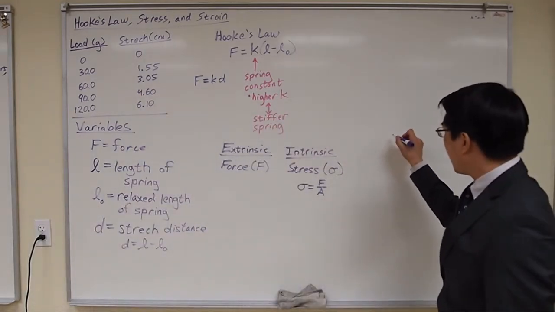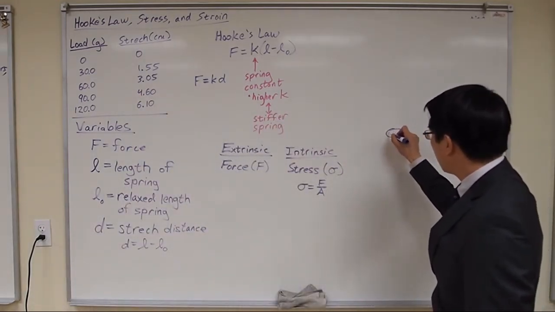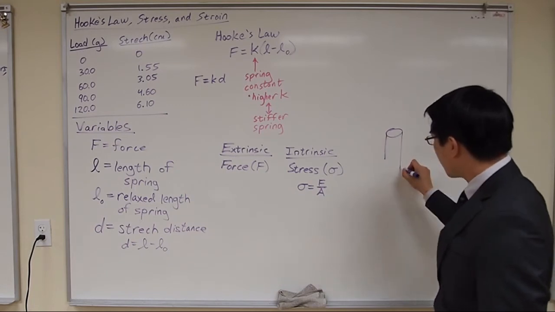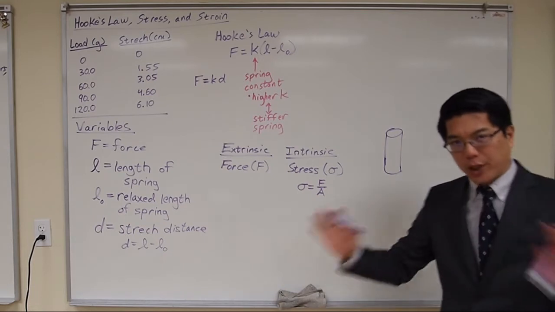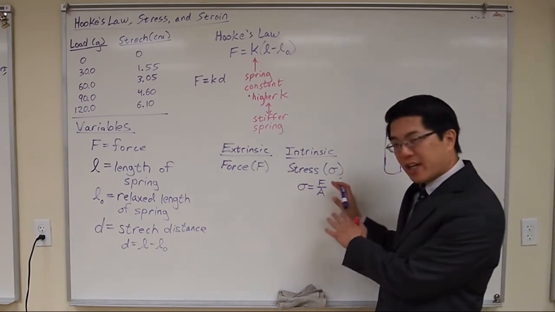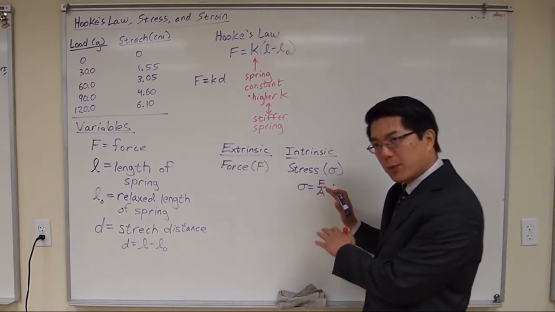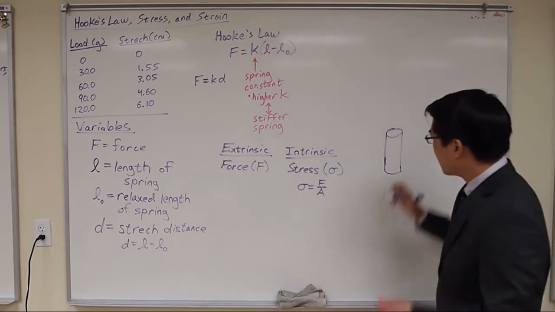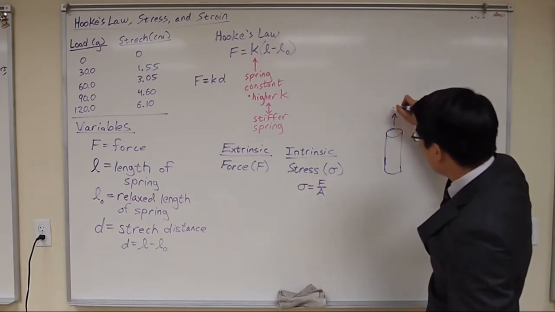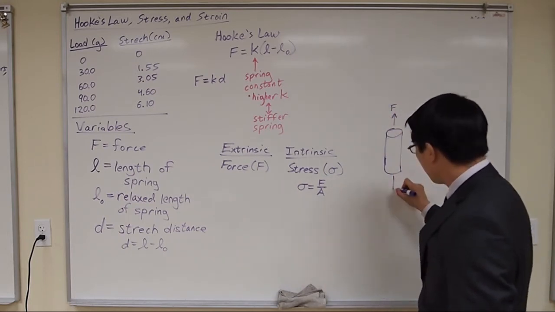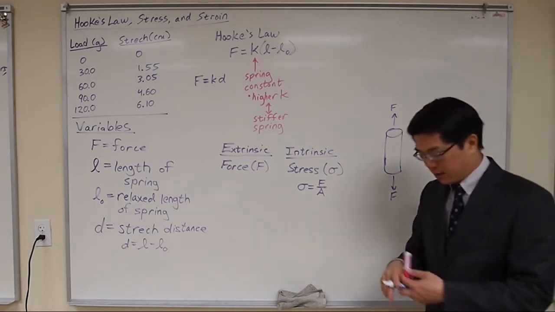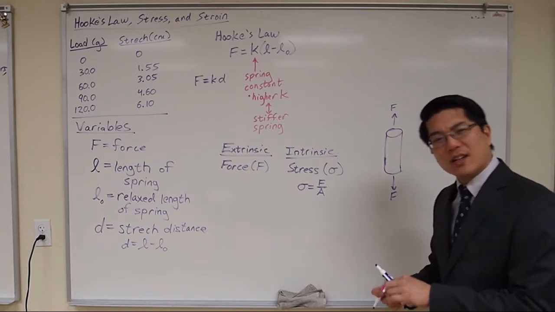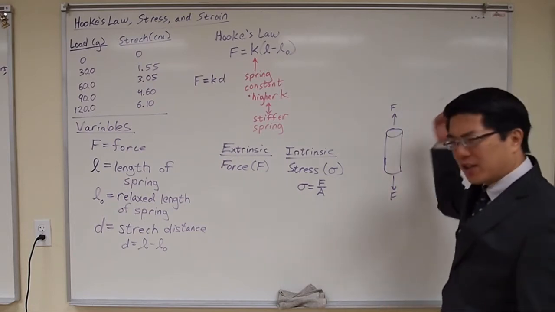So if you have a cylindrical piece of material, like this. Let's forget about springs for a moment, because again, we're trying to get to the fundamental properties of the material, the intrinsic properties of the material. And if we pull it in tension, Newton's third law says you got to pull both sides. Well, actually, no, that's not Newton's third law. It could accelerate.